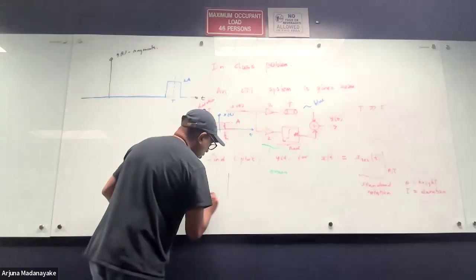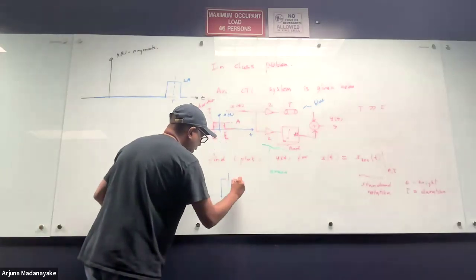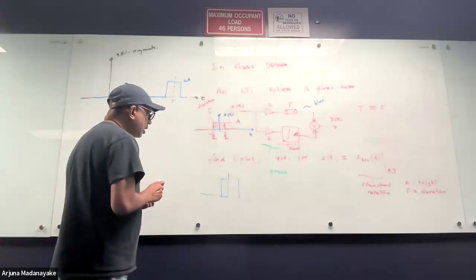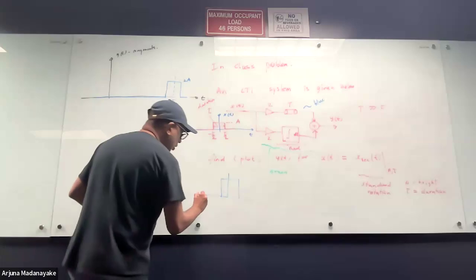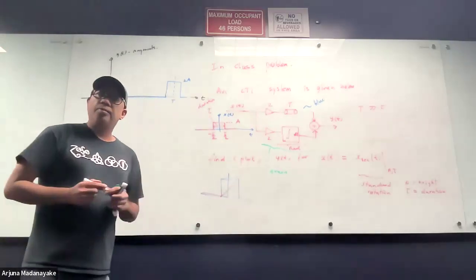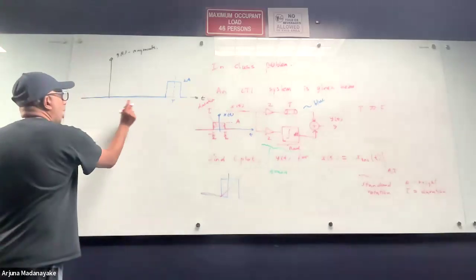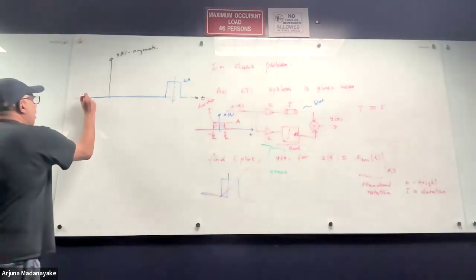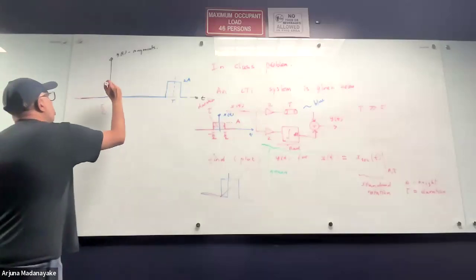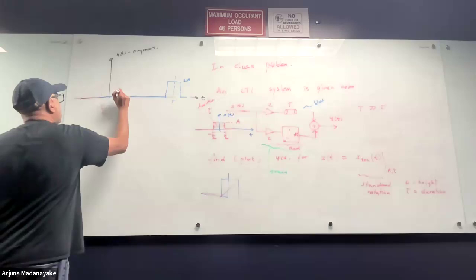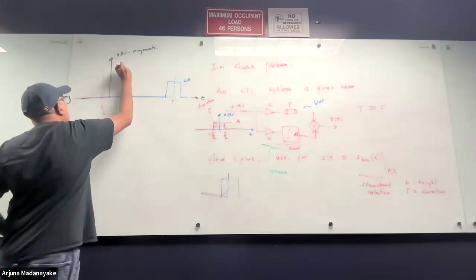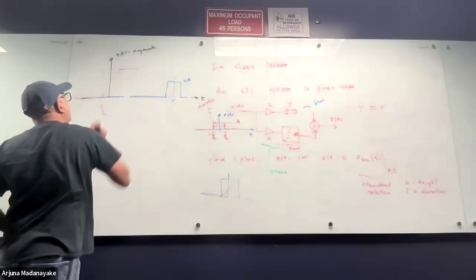Your integral is going to grow linearly with time. So this is at minus tau by 2, and then it will reach a maximum value.